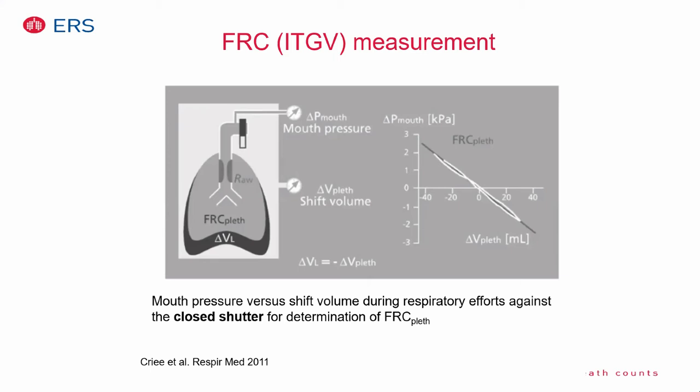The FRC curve, basically what the child does is breathe against a shutter, so against a complete resistance where no air goes through, and the child makes panting movements of the thorax, with no air passing. Here on this axis you have the movements of the thorax, the efforts of the breathing, and here on this axis you will have the pressure at the mouth.